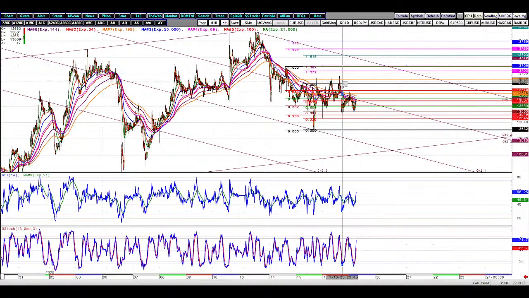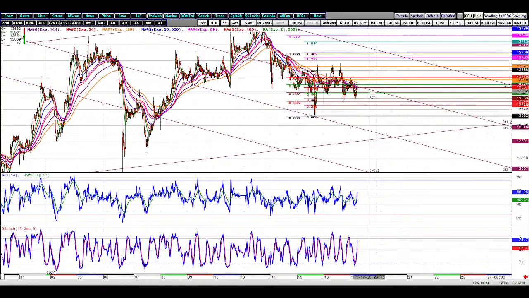So if you are planning to sell, try to sell near 36.95, 37.10 and 37.20. So these are all selling levels.